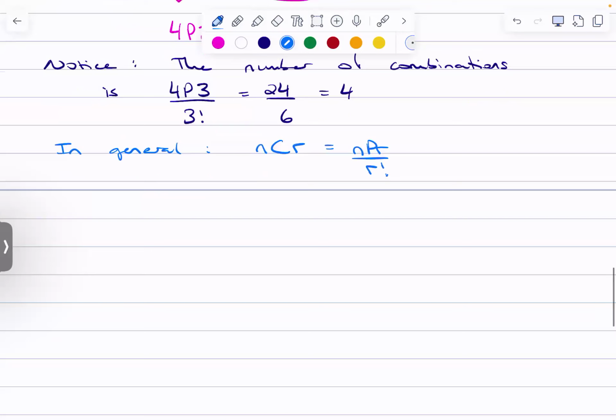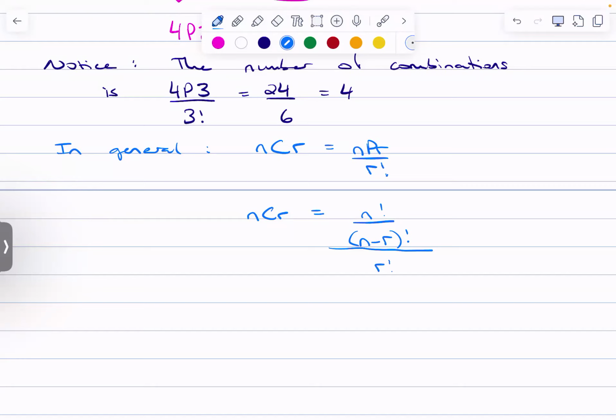Or from there, if we remember the factorial definition of nPr, it was n factorial divided by n minus r factorial, divided by r factorial.